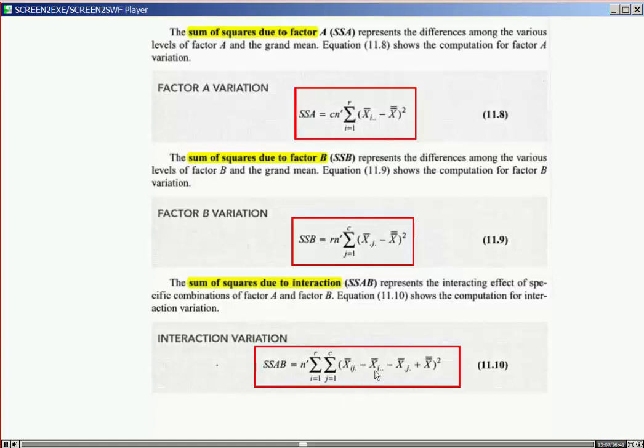And this is the value of interaction mean, separate value of the mean for A, for factor A, then for factor B, plus the grand mean. That's how it goes here.